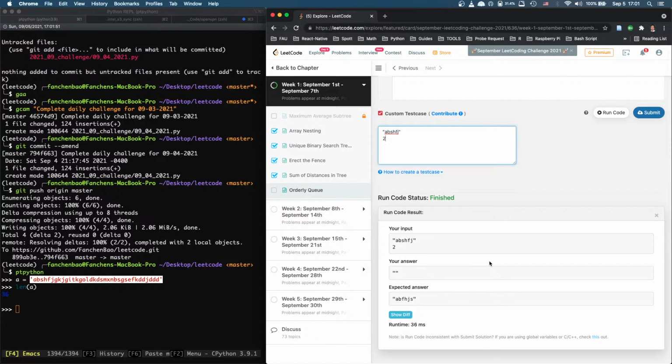And then boom, boom, boom, ABS. And then we need S. So H, S, right? And then ABFJ, right?